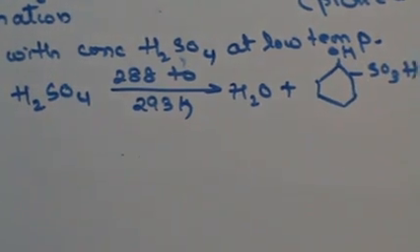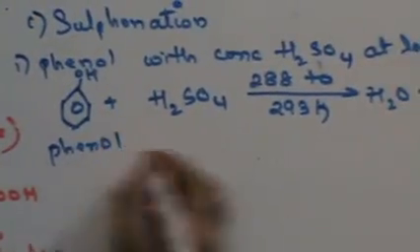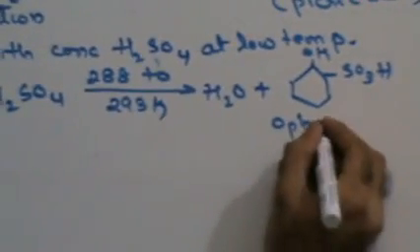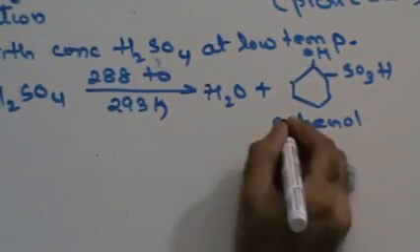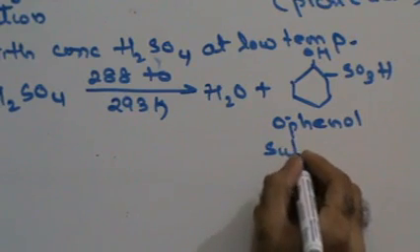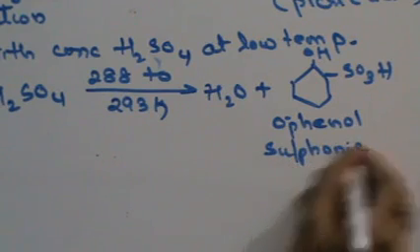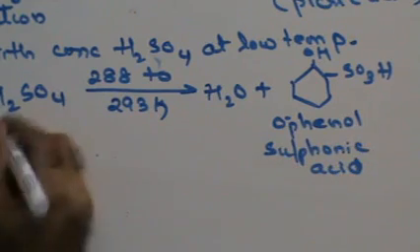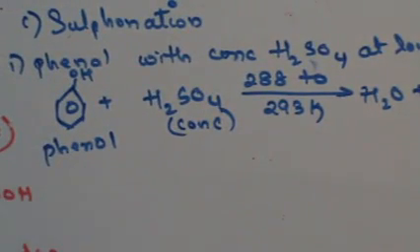You will get O-phenol sulfonic acid. This is phenol. This is O-phenol sulfonic acid. This is concentrated, at low temperature. Now the same reaction can be done at high temperature also.